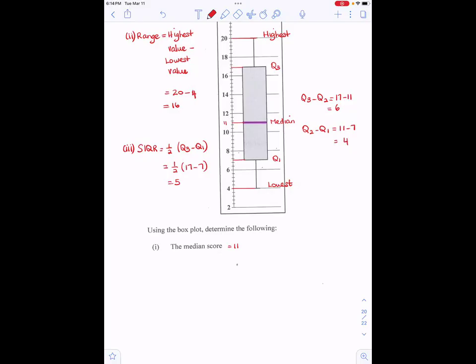Did you all get that? Yes, sir. So the first thing is the data is not symmetrical. We could see that. We could also see the median is closer to the lower quartile.